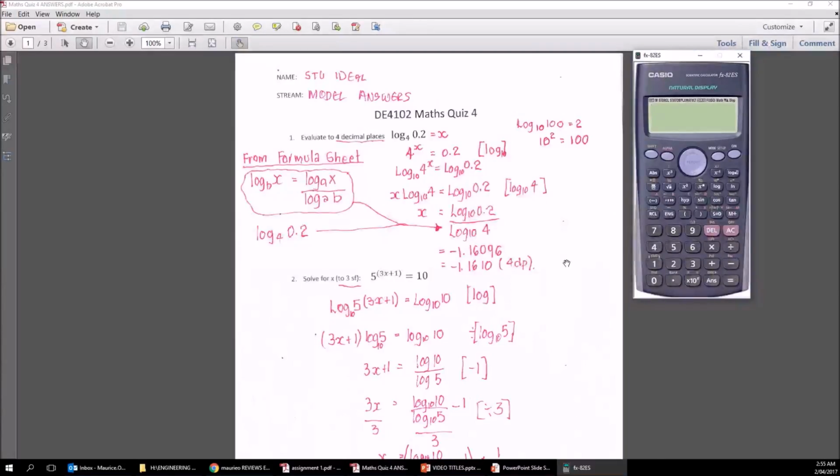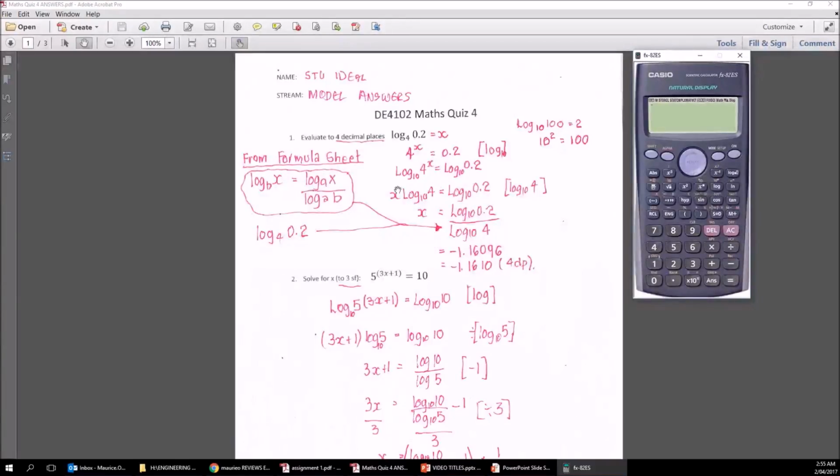Now, that's log to the base 4. Remember that on your formula sheet you've also got this little thing over here, which is another way of doing it. But straight up, this is the way that I did it. I took the log of both sides, log to the base 10 of both sides, like so.